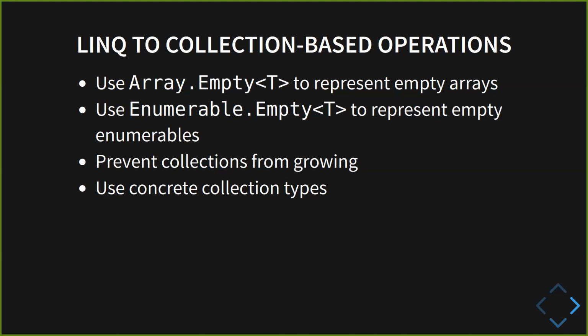There are a number of optimizations that are currently being applied in the .NET runtime, in the JIT as well, that make this problem less and less of a problem, but still it's always a good best practice. Use the concrete collection types if you can.